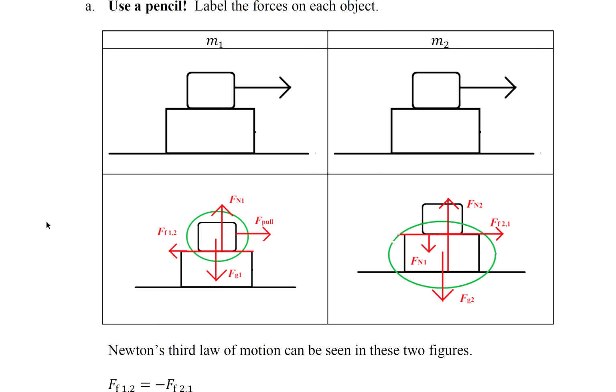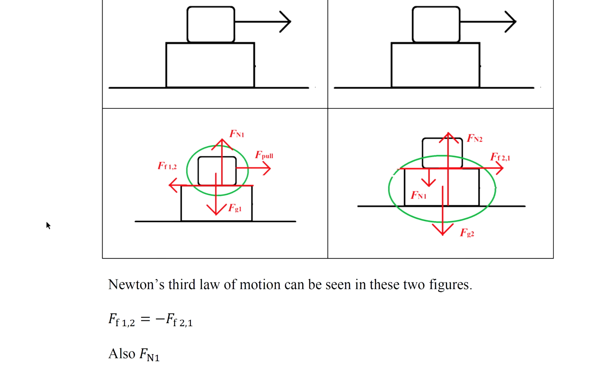And here are the forces for mass 2. Force normal 2 up, force normal 1 down, force gravity 2 down, force of friction is to the right. So Newton's third law, which is the law of action and reaction, can be seen in both of these figures.